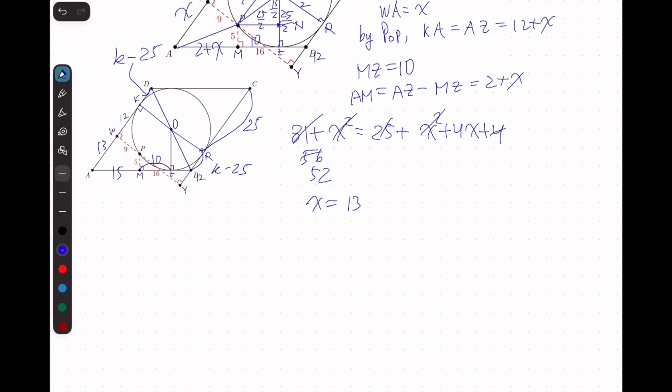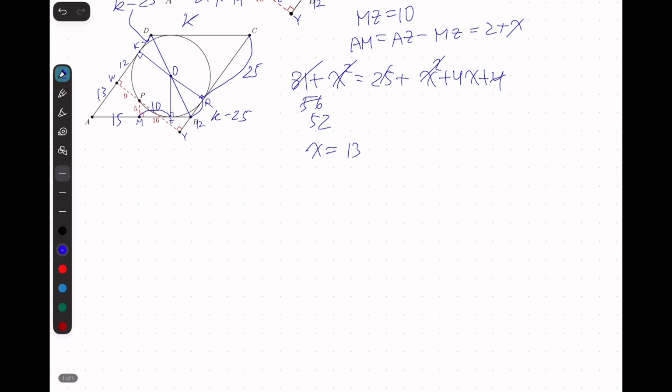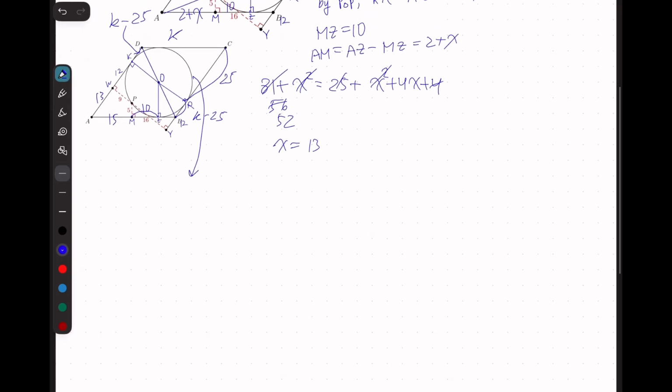Also, DC is K, since it's a side. Now we're almost done. So, let's just take out only DKRC. Just draw this quadrilateral only.